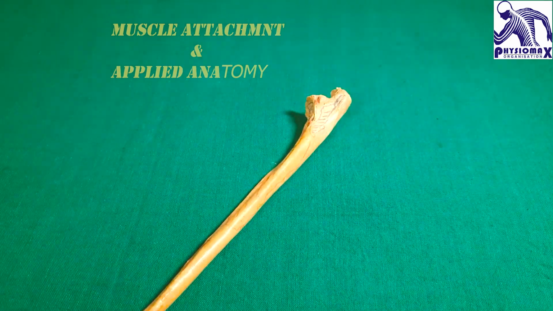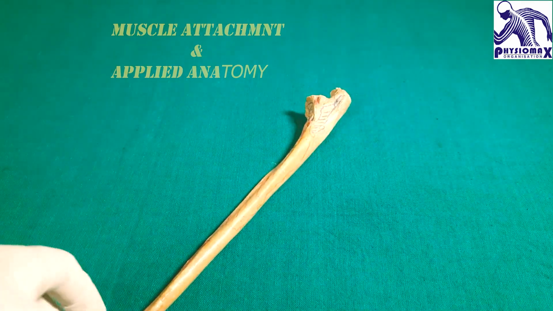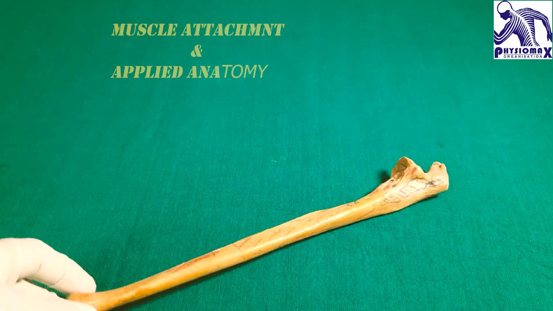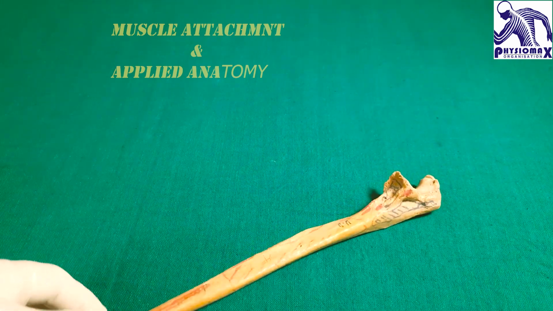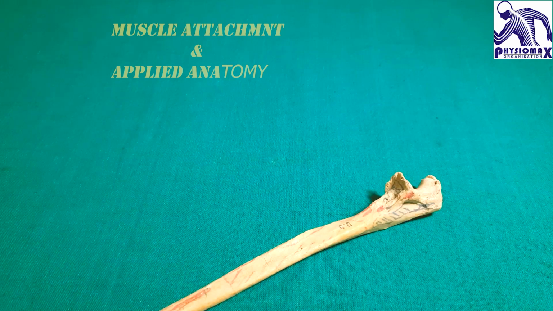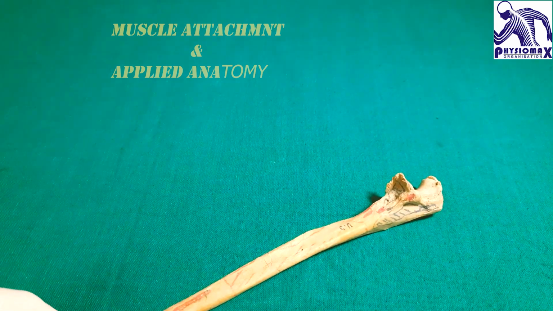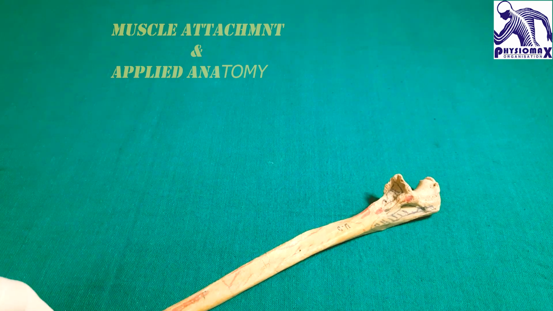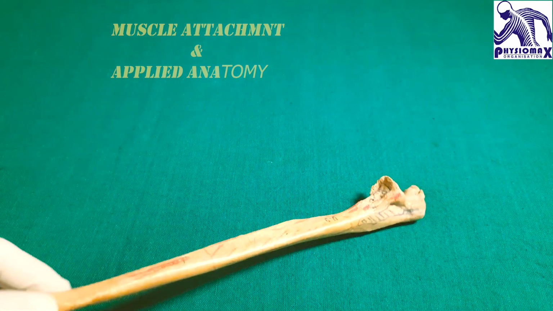Now in another part we'll read about the clinical anatomy, or the applied anatomy, of this ulnar bone. The most common is pulled elbow, which is also named nursemaid elbow.